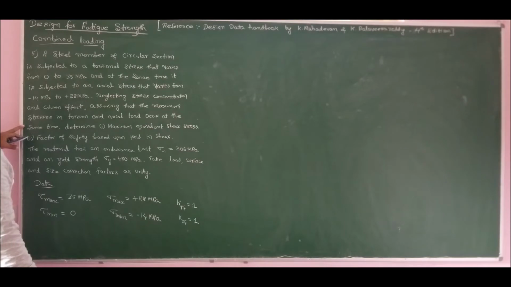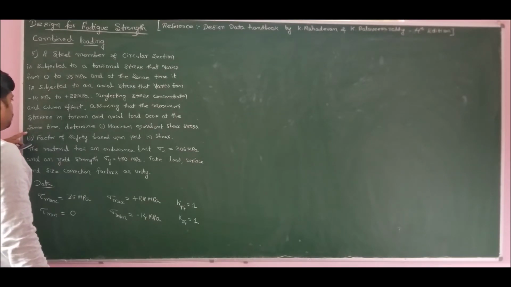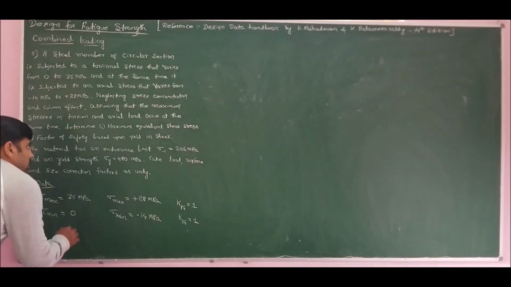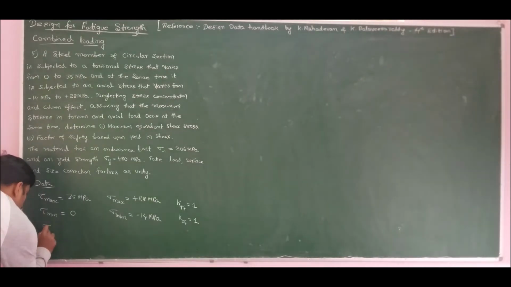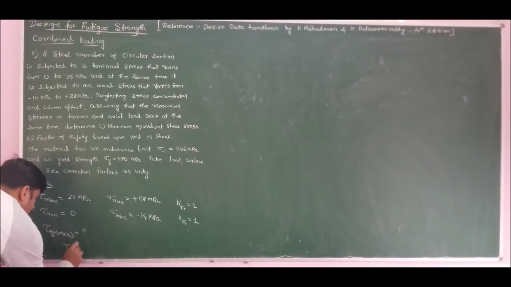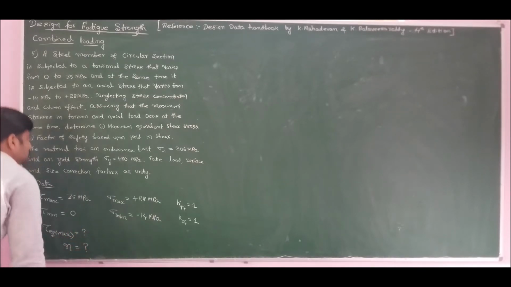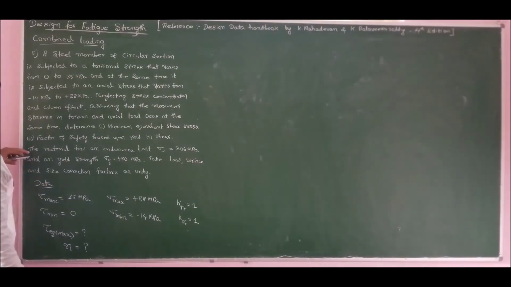Assuming the maximum stresses in torsion and axial load occur at the same time, determine the equivalent shear stress, that is tau equivalent max, and the factor of safety. These two are the unknowns to be calculated.